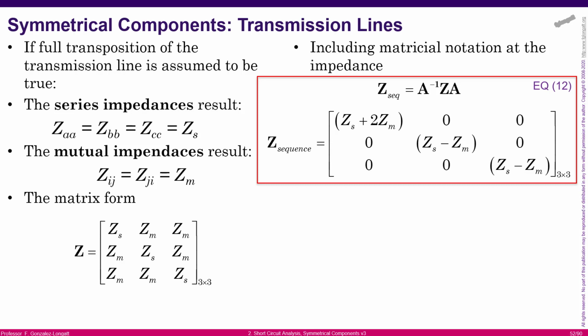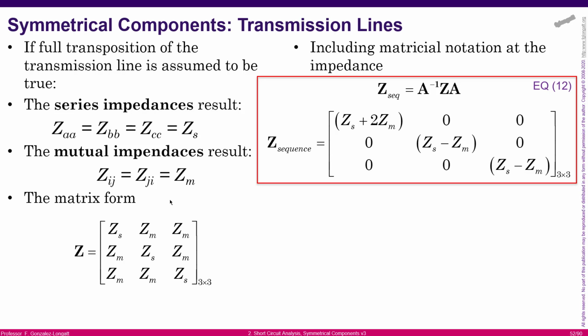The self impedance is typically the same at each line. For lines A, B, and C, we have the same series impedance, and for the mutual impedance, we assume that the effects are symmetrical. I mean, the effect from I to J is the same as the effect from J to I, and we call that the mutual impedance, okay?